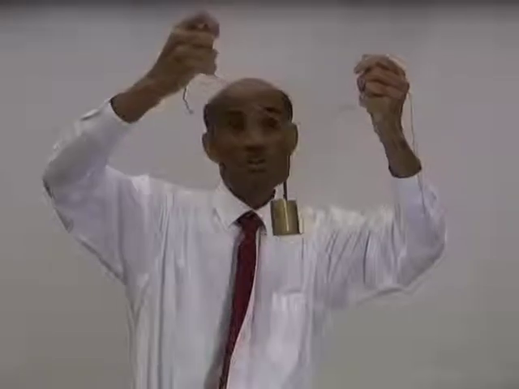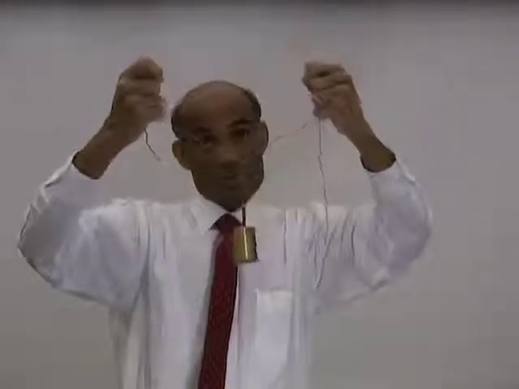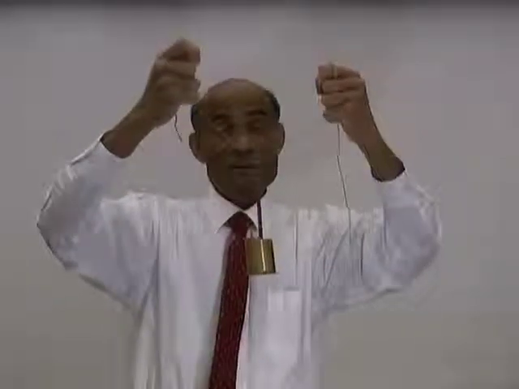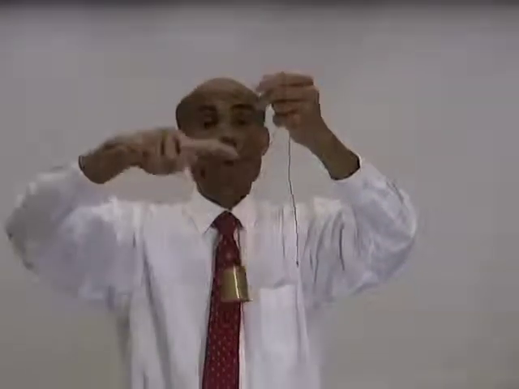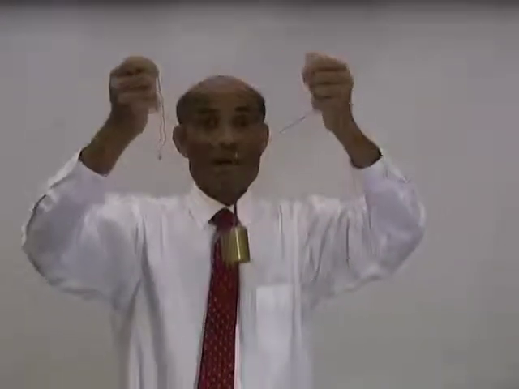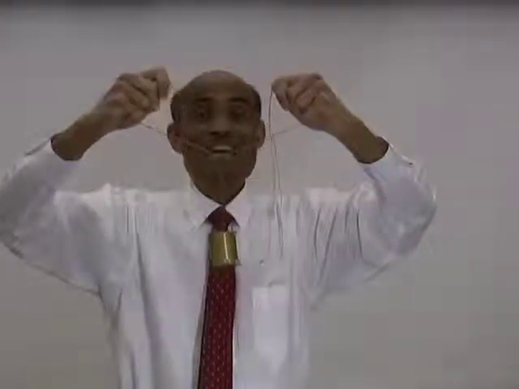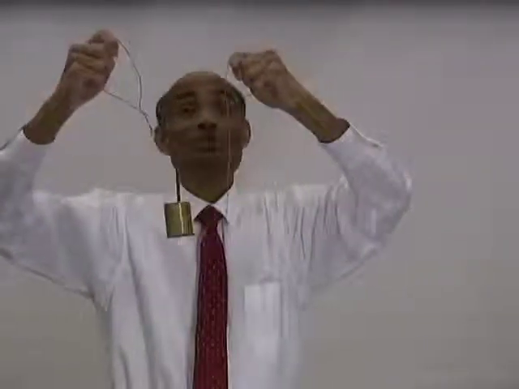One is the tension of the string on my right hand, the tension of the string on my left hand, and the third force is the weight of this mass. And all those three forces are acting at this point. Now, that point is in a state of equilibrium. Why? Because the forces are balanced.